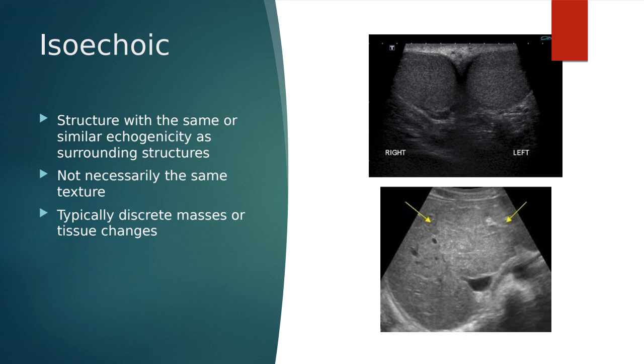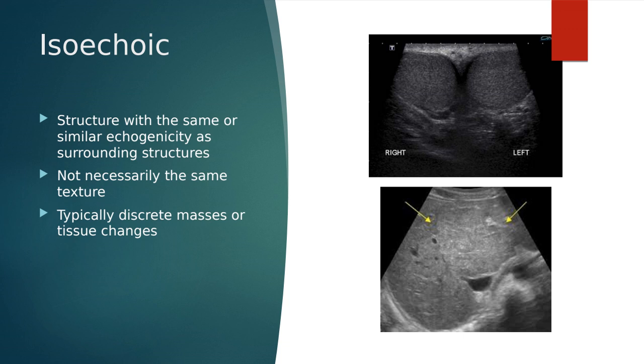So not necessarily the same texture, which we will talk about, but it's saying that you have the same shade of gray. Isoechoic. It is the same across the board. This is going to be really hard for us when we're talking about a discrete mass or tissue change. A lot of malignancies in the body happen very slowly over a period of time, and those changes can be really hard for us to see when the tissue is still the same shade of gray.